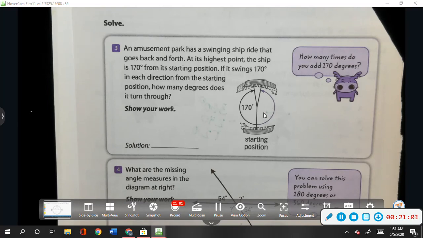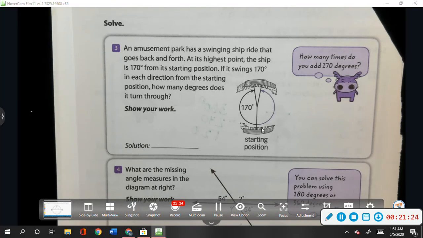So at its highest point, the ship is 170 degrees right here. If it swings 170 degrees in each direction, it doesn't ever go past the 170 degrees.